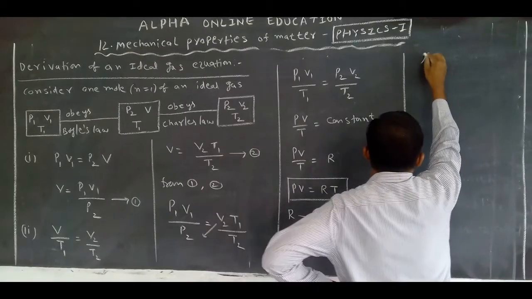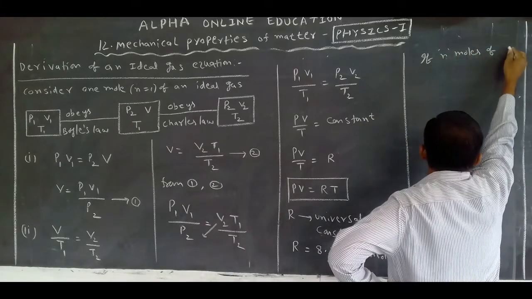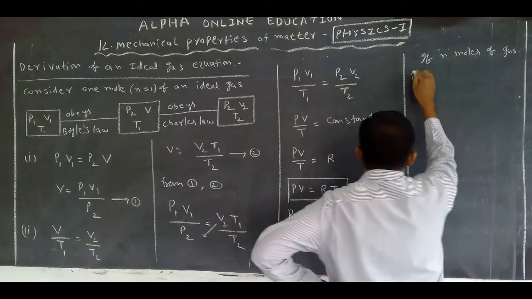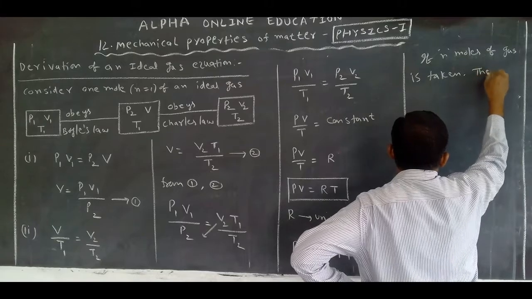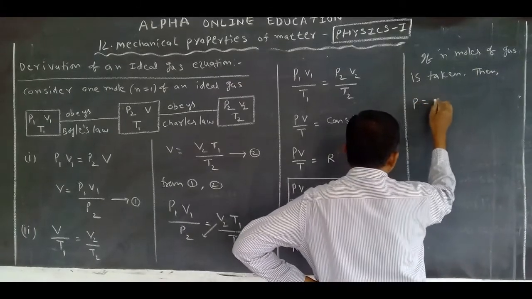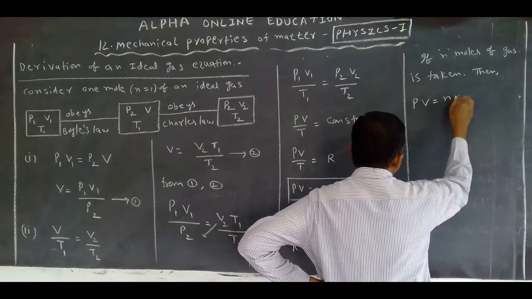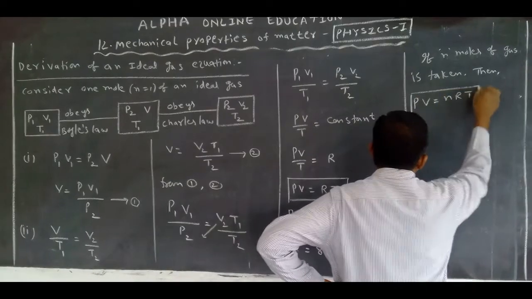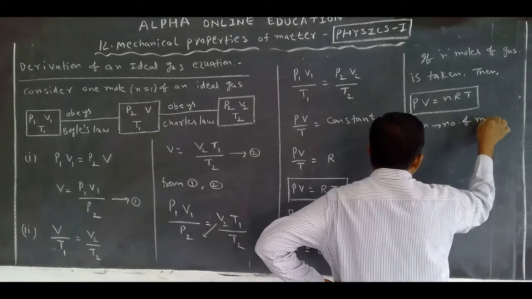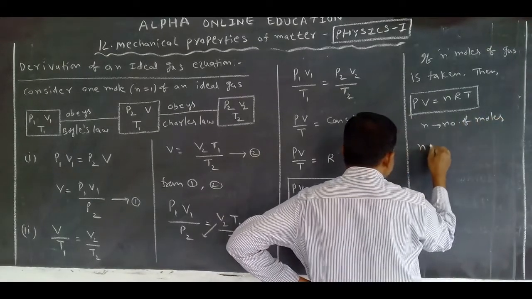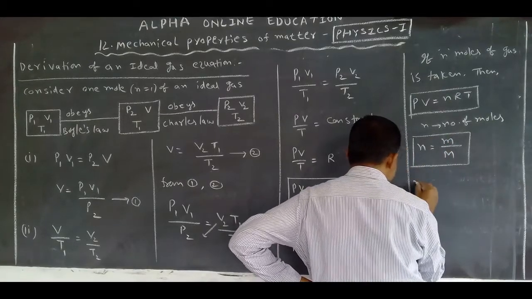If n moles of gas is taken, then PV is equal to how much? PV is equal to nRT. It is for number of moles. So n is equal to small m by capital M. What is small m?